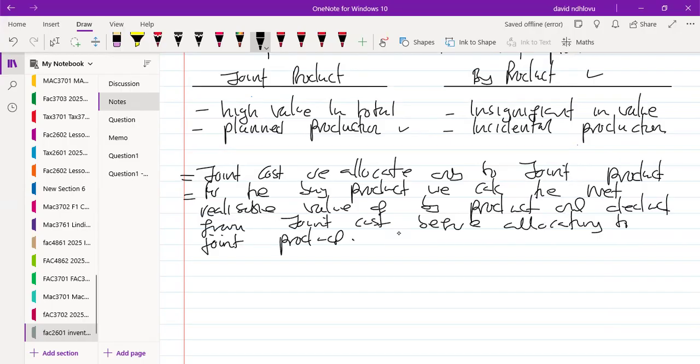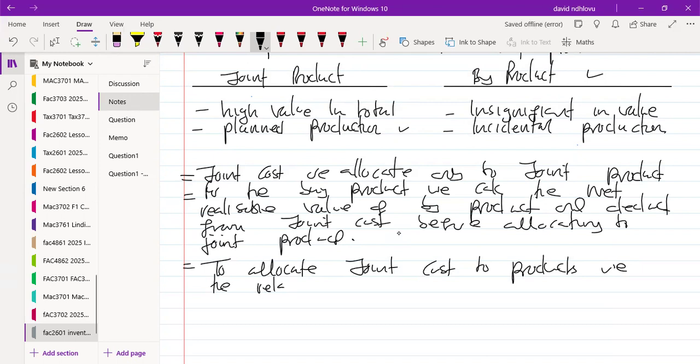Right, so let's go to a question. All right, before I left something important. Right, to allocate joint cost to products, for this module, we use the relative selling prices of the joint products.